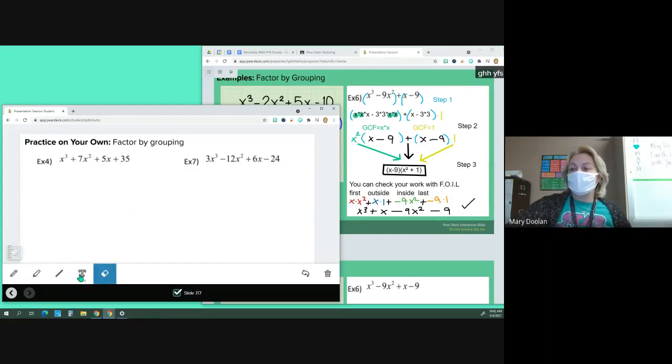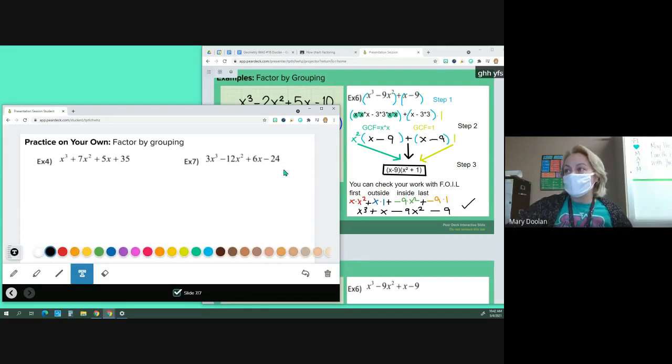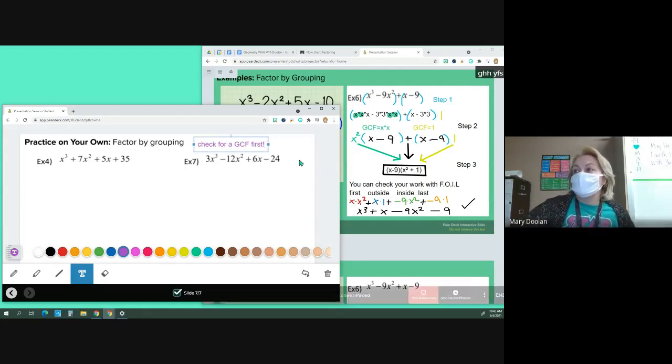But for your second one, this one does have a GCF. Can you tell what it is? What do these 4 terms all have in common?